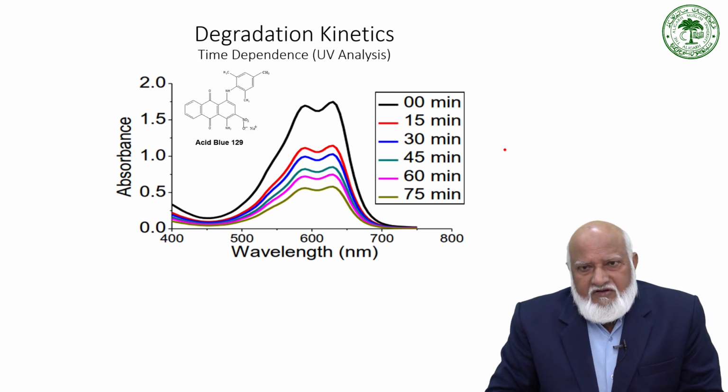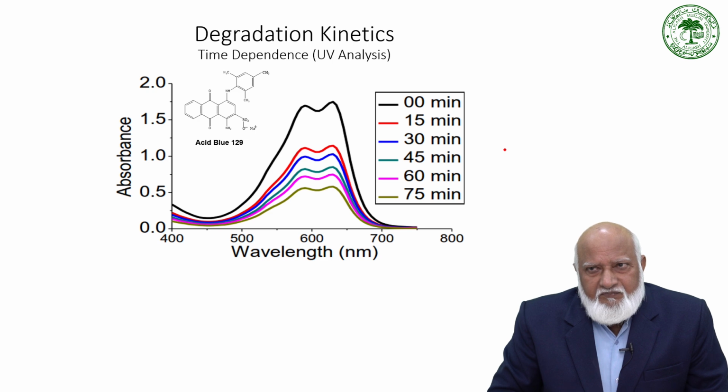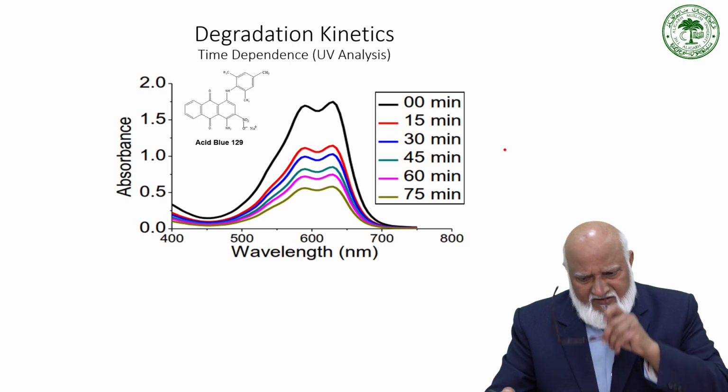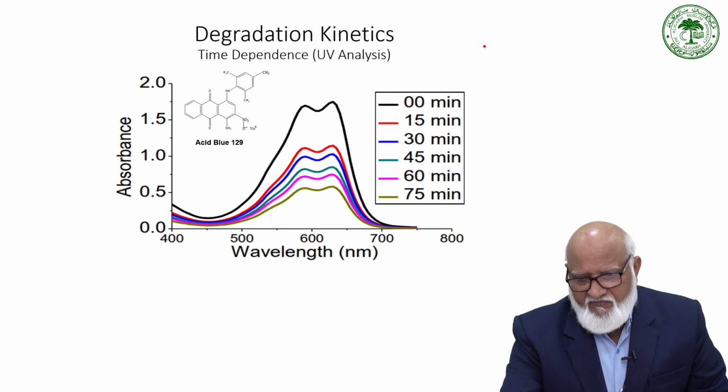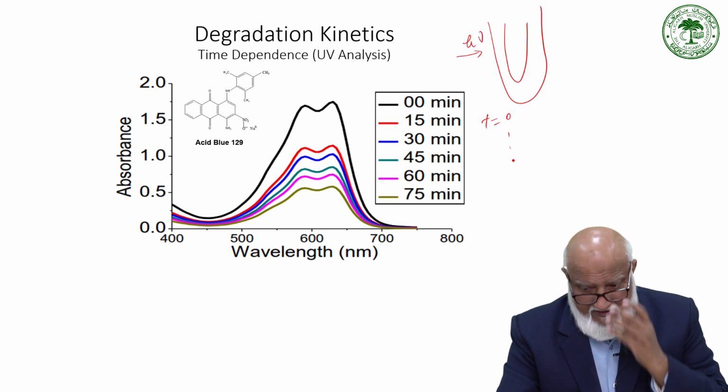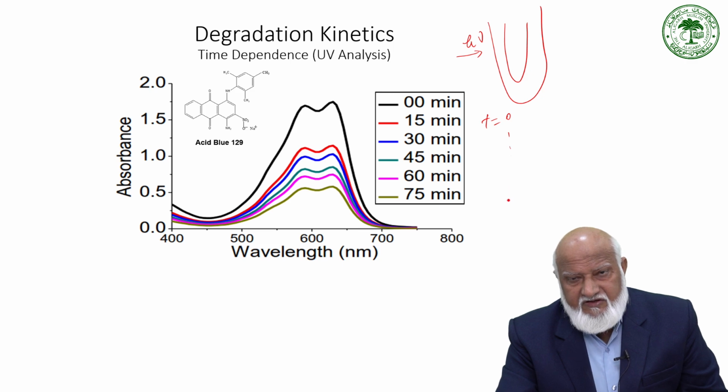We set up the reaction and collect samples at different time intervals, such as when light is on. This is the dye setup. With light on, collect samples at different time intervals, at 0, 10, 20, 30, and so on.